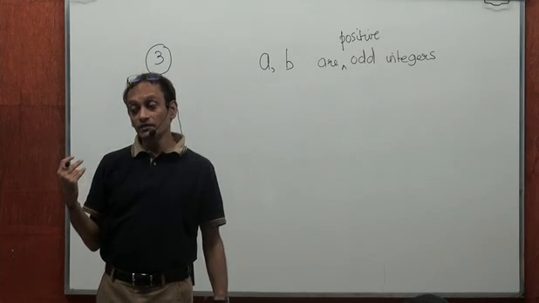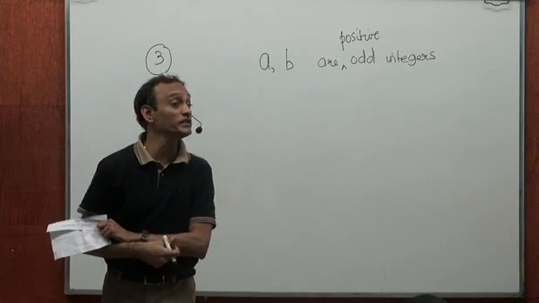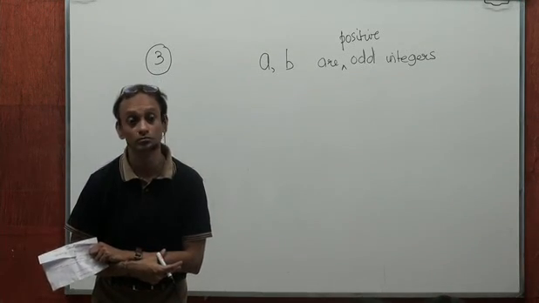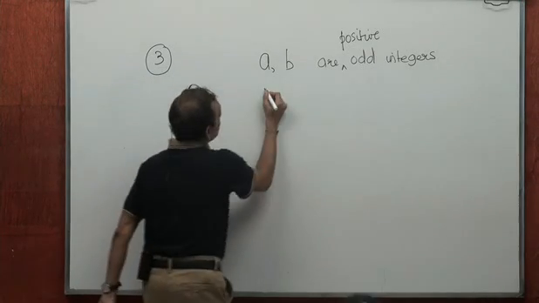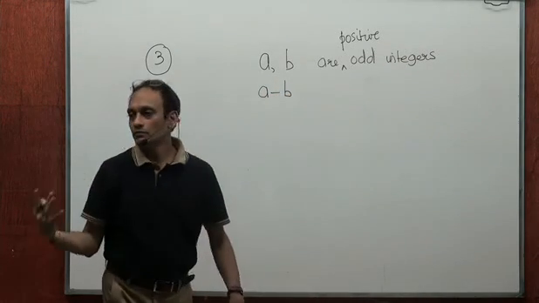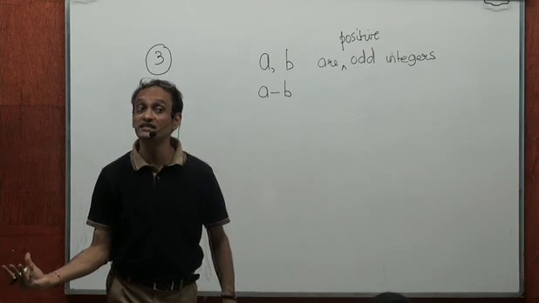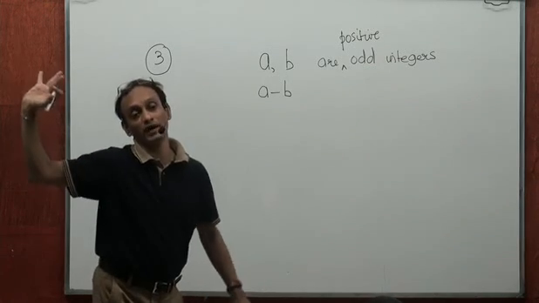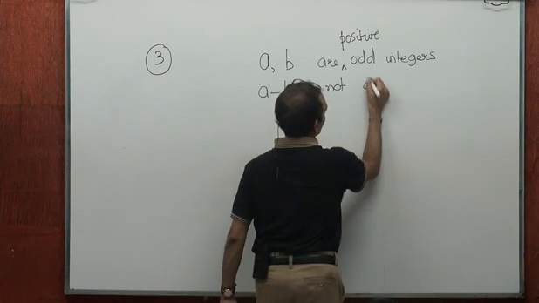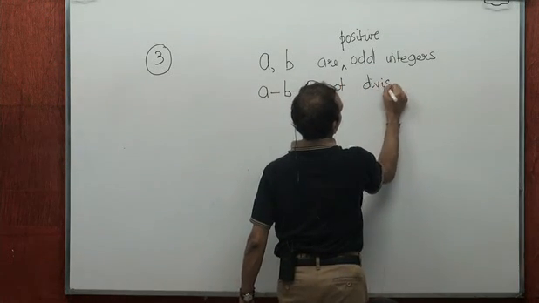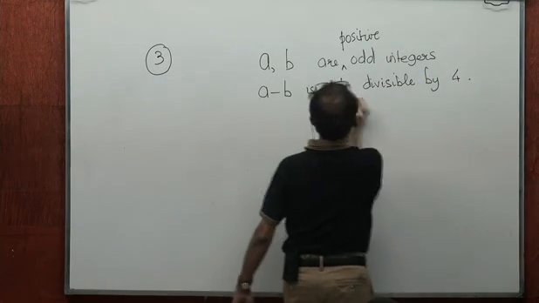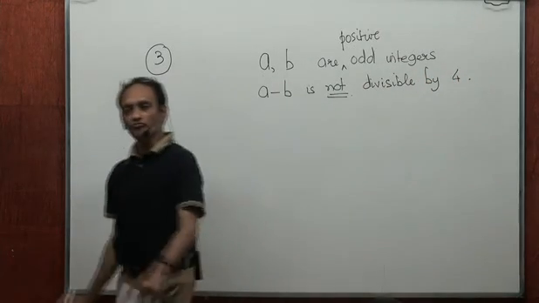Their difference would be even, but need not necessarily be divisible by 4. It will be divisible by 2, but need not be divisible by 4. So what's given in the problem is, even though A and B are odd, and surely A minus B is even, they say that A minus B is not divisible by 4. That's the condition offered in the problem.